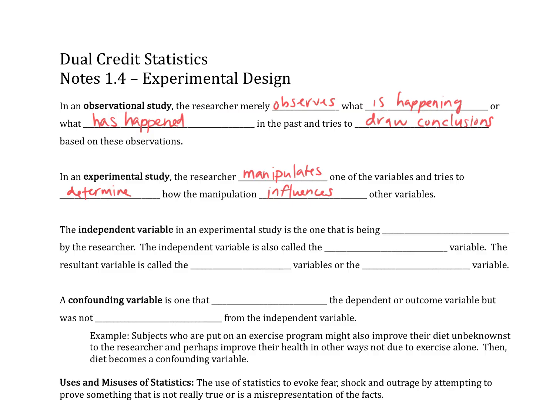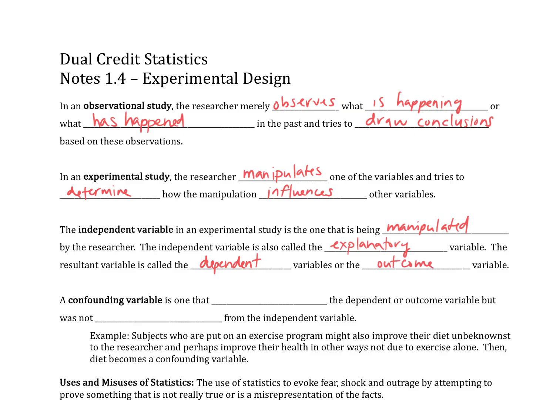So your independent variable in an experimental study is the one that is being manipulated by the researcher. The independent variable is also called the explanatory variable because it explains why. The resultant variable is also called the dependent variable or the outcome variable.